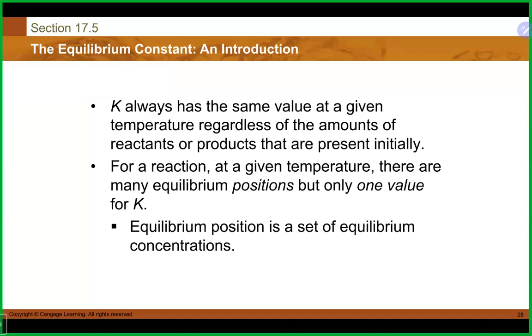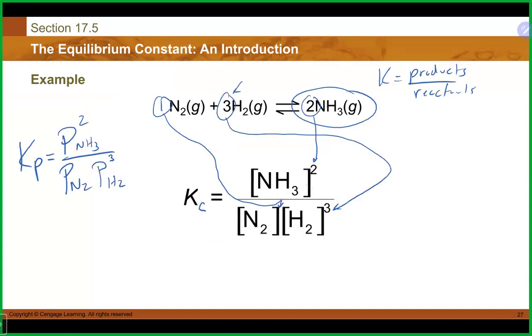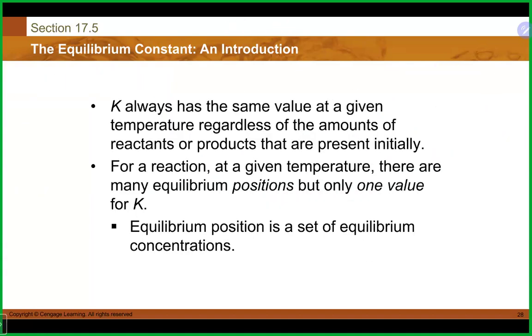If you keep the temperature constant, no matter what you do in that equation, you should always end up with the same K value. So what I mean is, if we had this equation, A plus B goes to C plus D, and let's just say we did an experiment, and we're going to do all these experiments at 25 degrees Celsius.